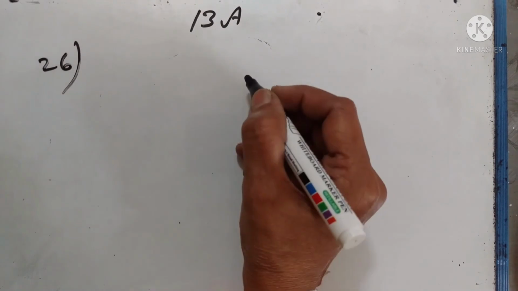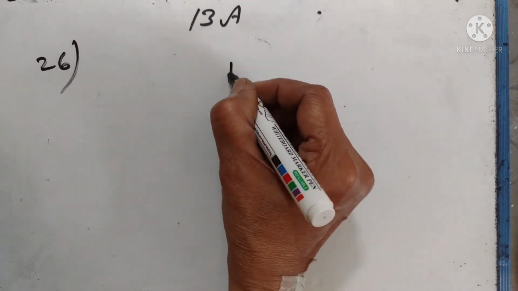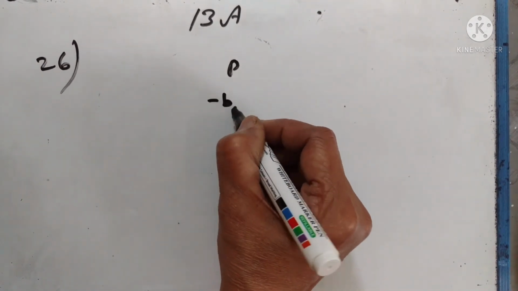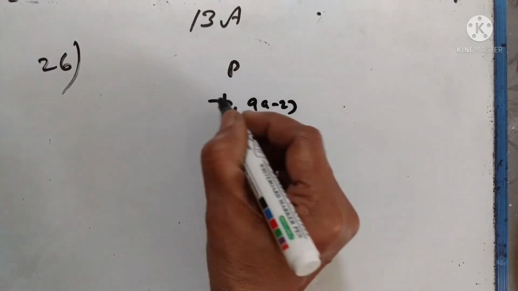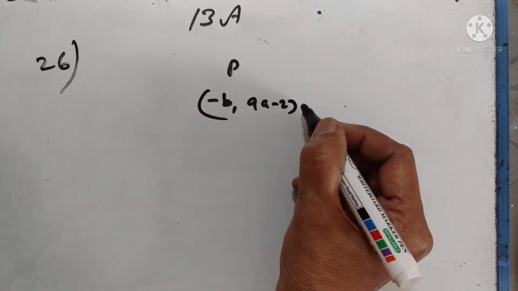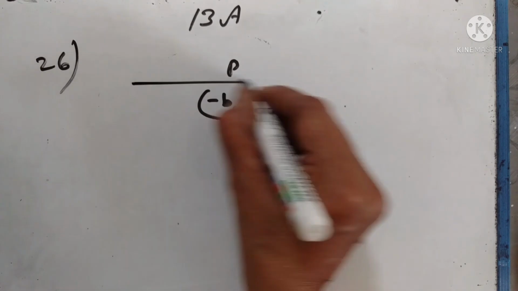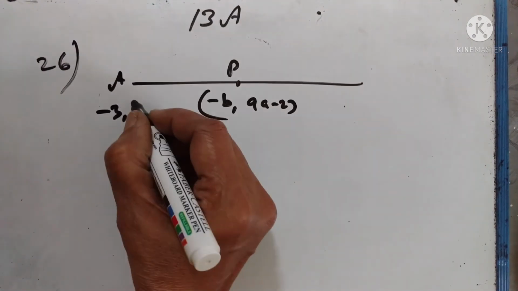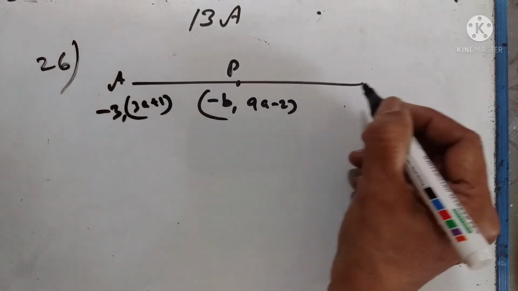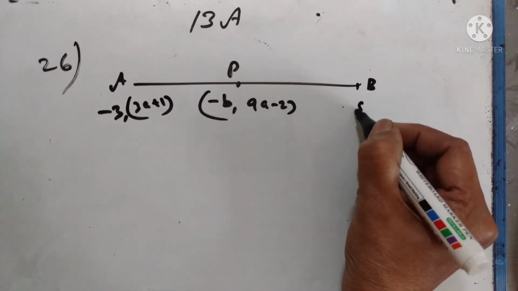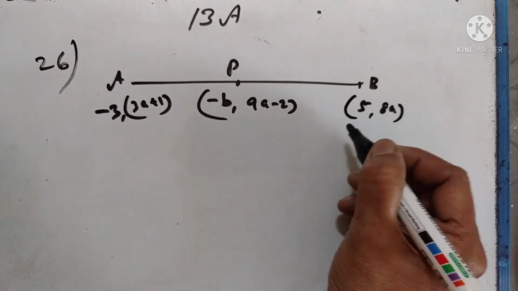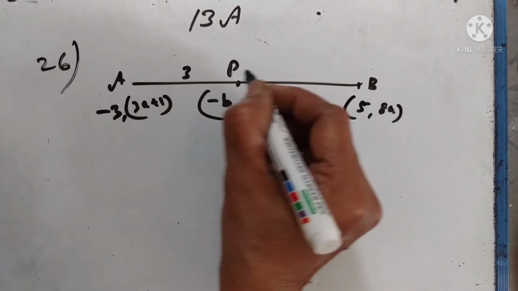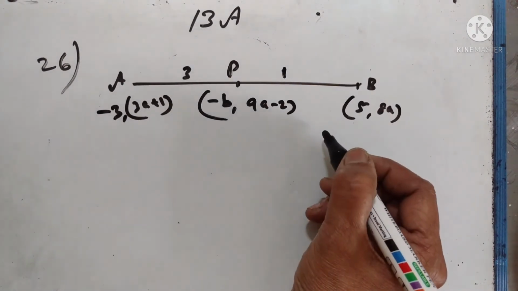Twenty-sixth problem. If P (b, 9a minus 2) divides the line segment joining the points A (-3, 3a plus 1) and B (5, 8a) in the ratio 3:1, find the values of a and b.